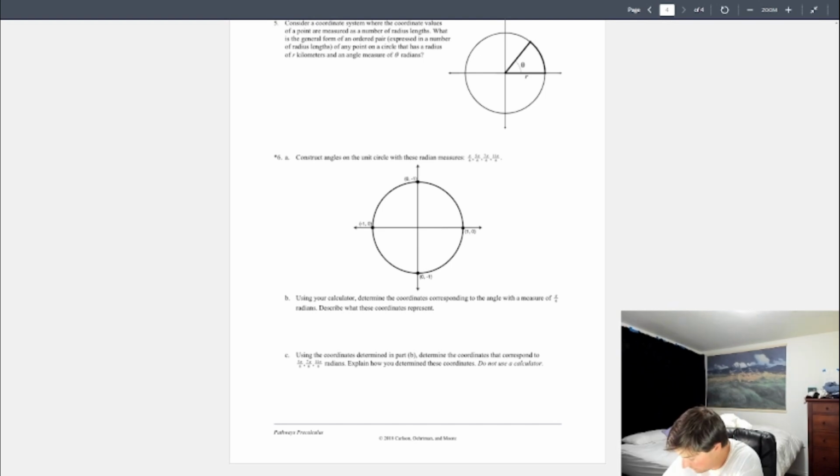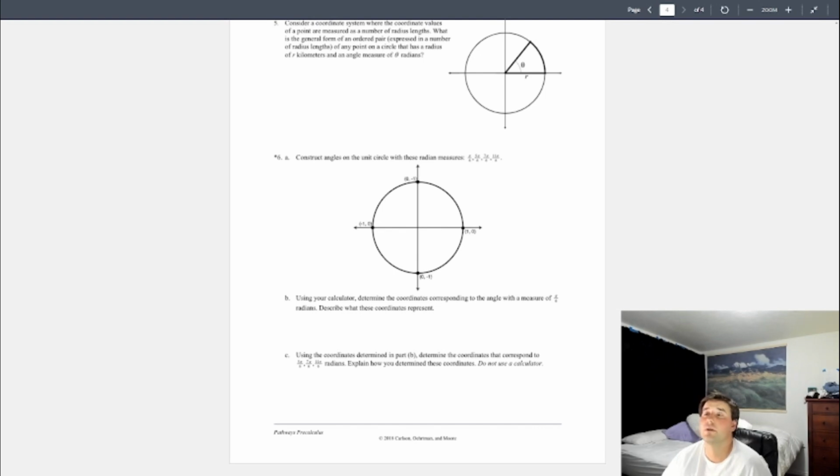Pi over 6 was right. 7 pi, 11 pi over 6. Oh, what's the last one? Because half. Okay. Use your calculator to determine the coordinates corresponding to the angle with the measure of pi over 6. Cosine pi divided by 6.